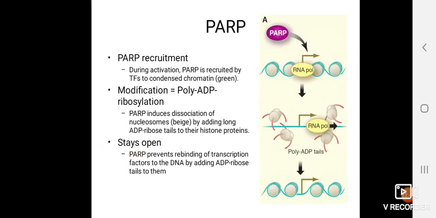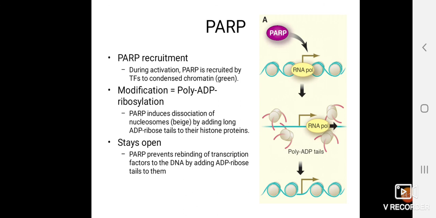There are some other kinds of modifications, which we can see, such as PARP recruitment. During the activation of a particular gene, PARP is recruited by the transcription factors onto the condensed chromatin structures. The modification is poly ADP ribosylation.